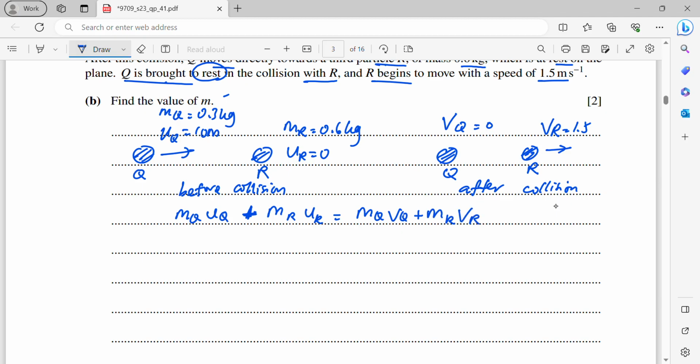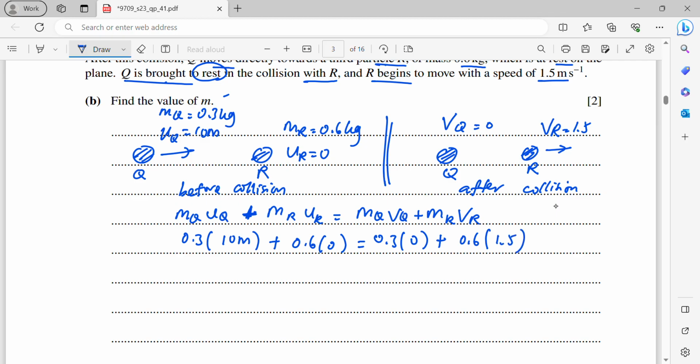Okay, so mq is 0.3. The uq will be 10m according to the diagram here. Plus mr is 0.6, ur is 0. Then the mq is 0.3, vq is 0, plus mr is 0.6, vr is 1.5.